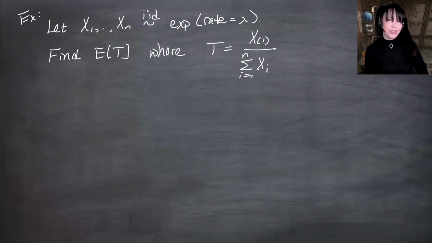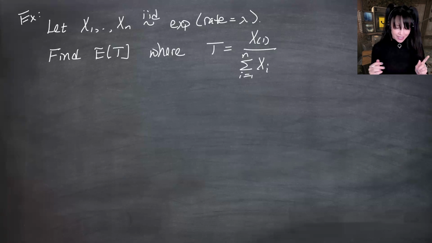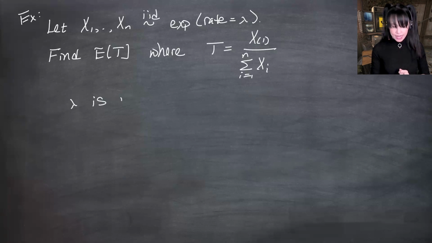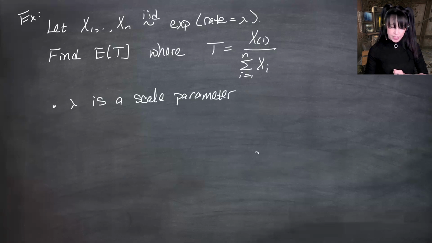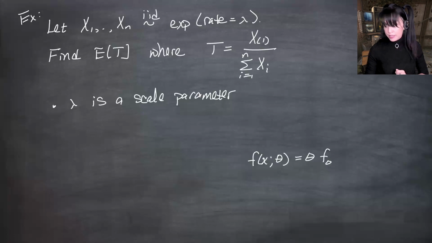But given that we just did Basu's theorem, it is an easy problem. Check this out. The lambda for the exponential distribution is a scale parameter, right? We're looking for a PDF like f of x and theta that has the form theta times another function that doesn't depend on theta, where you plug in theta x.